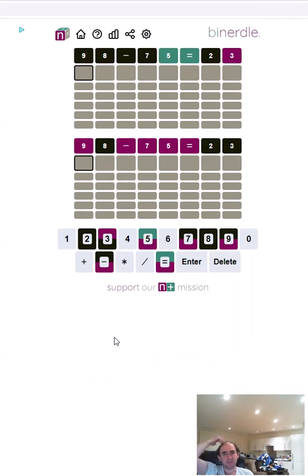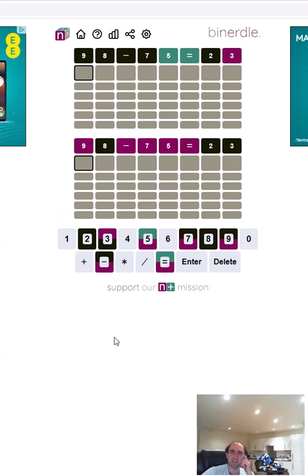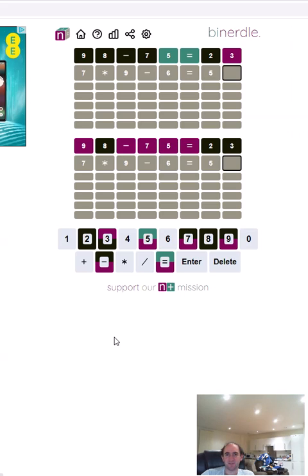Oh, we've got quite a lot of reds on the bottom one. Not necessarily very helpful reds. The minus is in the wrong place. So it could be... Well, it could be 7 times 9, so that's 63, minus 6 equals 57.